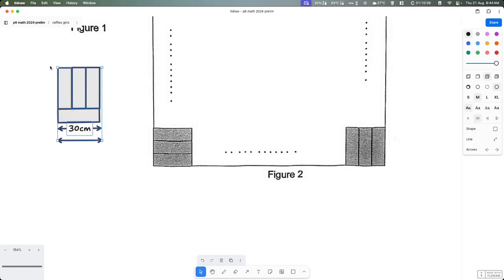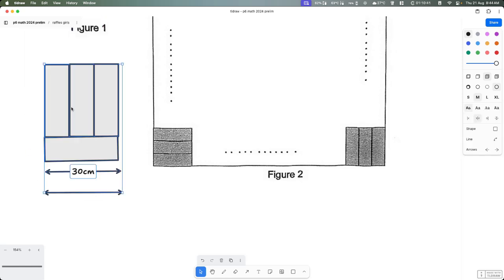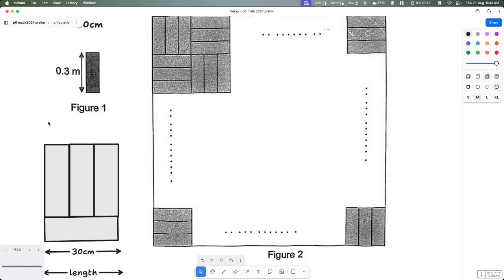So this is also one length. Let me make this very big so at least you can see. So this is one length, and then let B be breadth. Then this whole thing, and this whole thing.